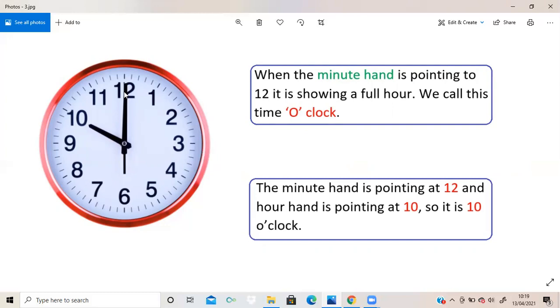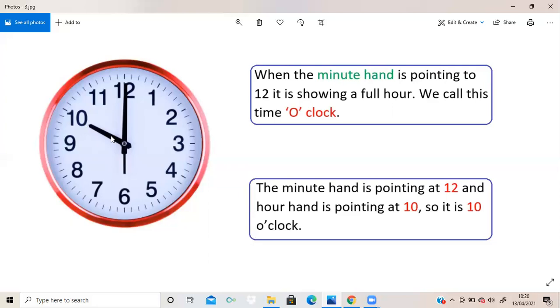When the minute hand is pointing at 12, we call this time o'clock. At the same time, the hour hand should be on any number. On this clock, it is pointing at 10. So the minute hand is pointing at 12, and the hour hand is pointing at 10. That's why it is 10 o'clock.